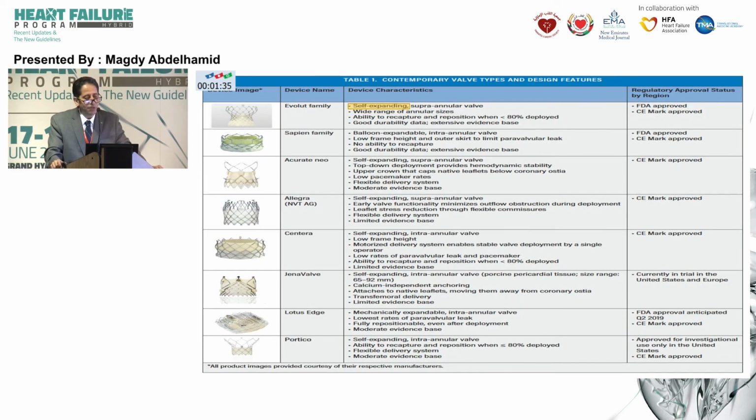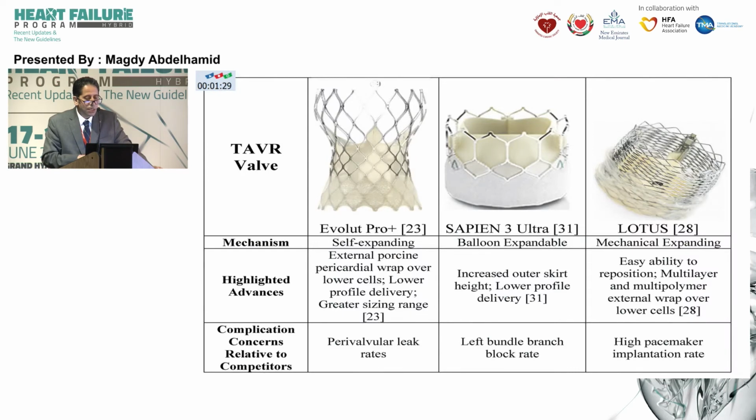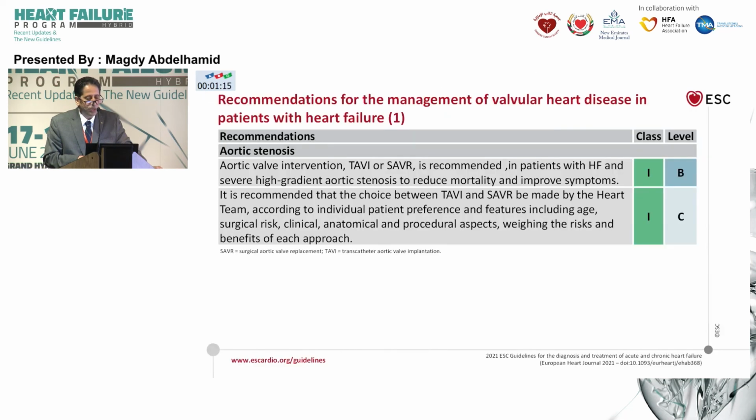And we have different devices which are available, either self-expanding or balloon expandable. So again, Evolut Pro, Sapien 3 Ultra, Lotus, different designs which can be considered after doing CT angiography before the procedure to decide which valve to be used for those patients.